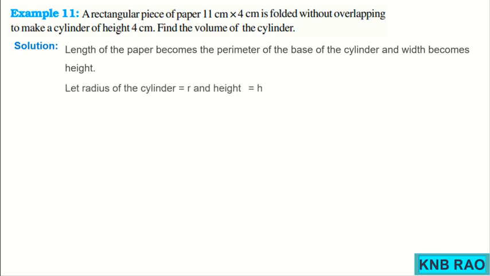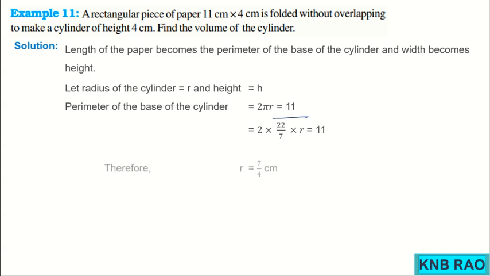Here let the radius of the cylinder be r, height h, thus perimeter of the base is 2 pi r, where 11 centimeter is taken as 2 pi r, and it implies r is equal to 7/4 centimeter.